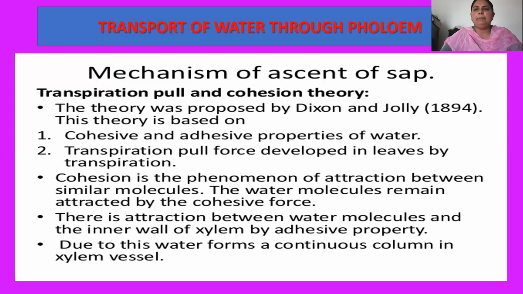So this is the main theory which explains how the ascent of sap happens in taller trees, with heights of 300 to 400 feet, as in the case of the tallest tree of the world, Sequoia.